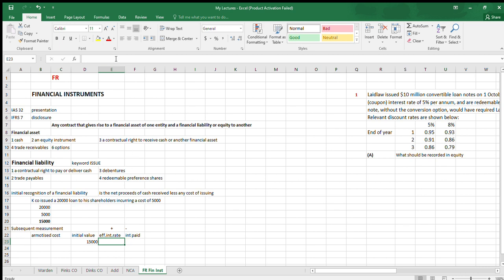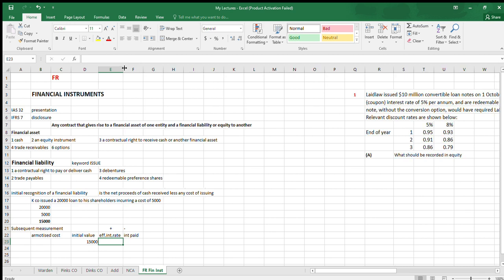Maybe the effective interest rate is 5%, meaning that it will always be this 5% multiplying this value over here.